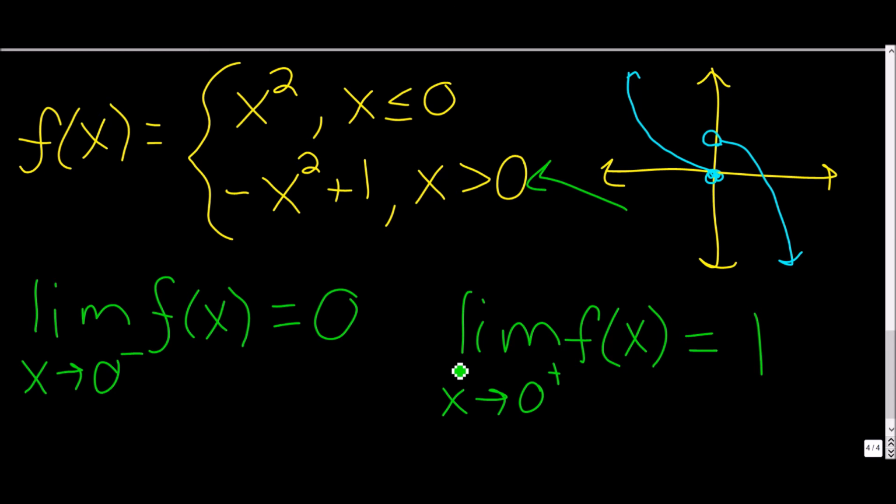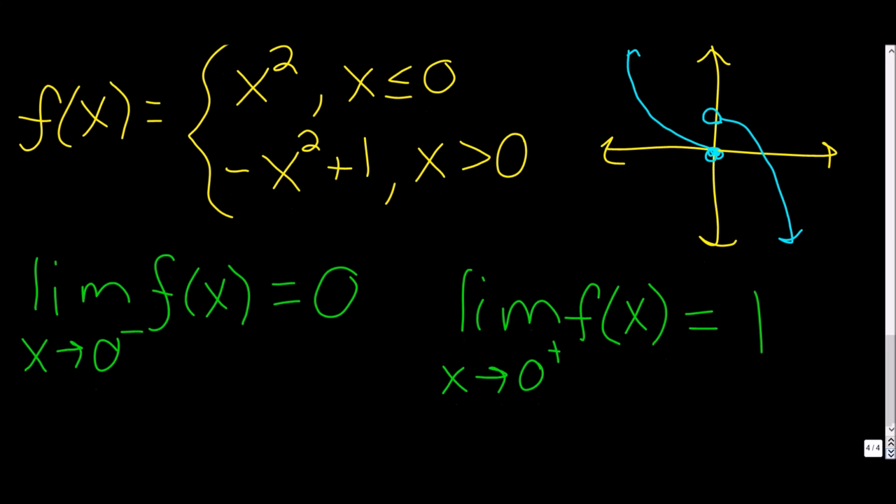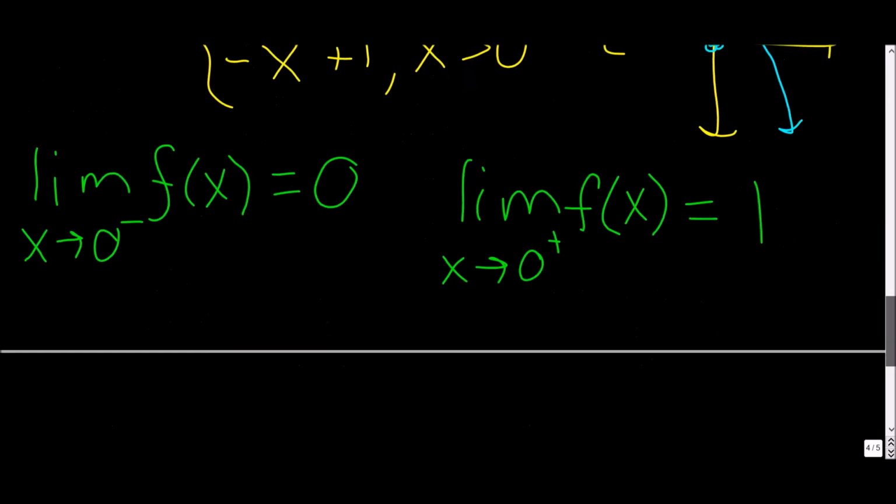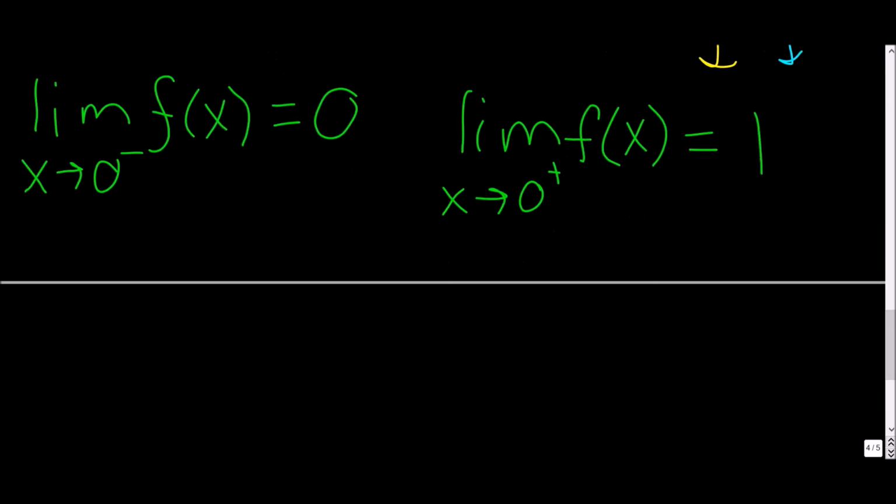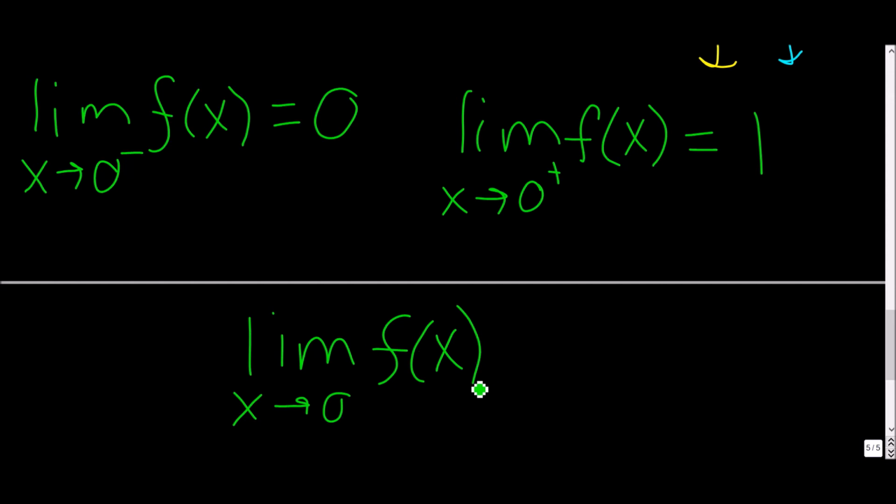These two-sided limits aren't agreeing. And what that means is that the limit as x approaches 0 of f of x does not exist. Because they do not agree, right? It's not predictable left to right at this place.